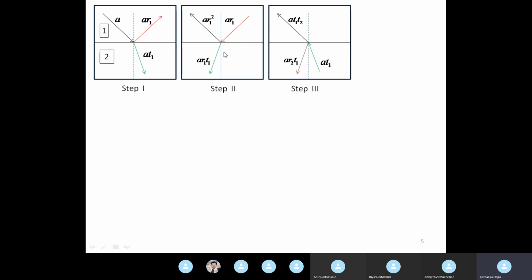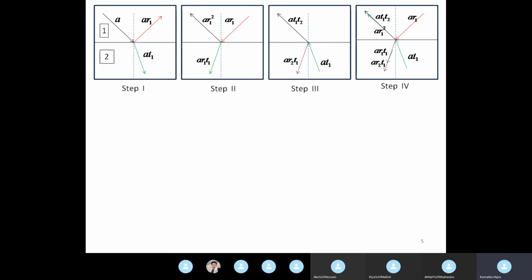All right. And so we saw that if we change the position of the source so that the reflected ray becomes the incident ray, then this is the picture. If we make the transmitted ray the incident ray, then this is the picture. And if the reflected ray and the transmitted ray are both simultaneously made incident rays, then this is what we get.